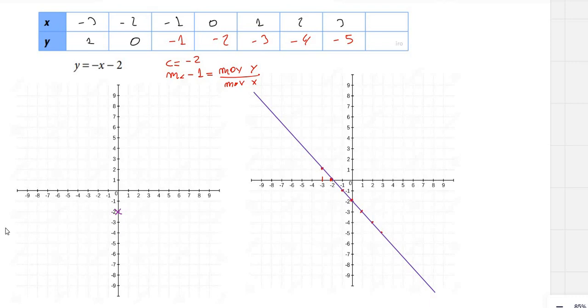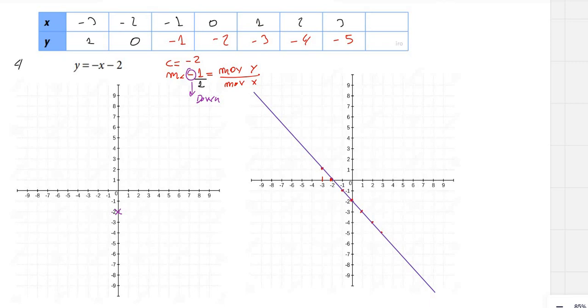From this point, you have to move negative, so you have to move down. How much? One value in y, and since I don't have any number here, this is 1 divided by 1. Remember, whenever you have a value, you can express it as divided by 1.